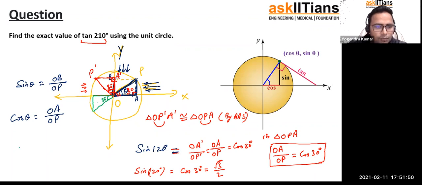Now, tan we want to see, tan of 210 degree. So tan is the shadow of this stick, when you put the light here like this. It is going to be negative here, and the opposite is vertical, right? This is equal to this divided by this.